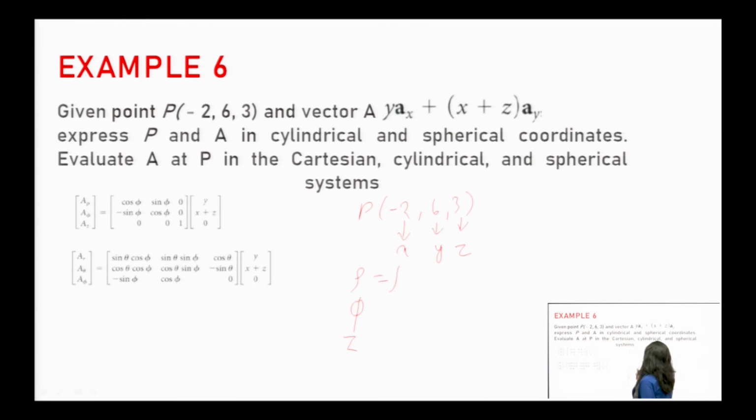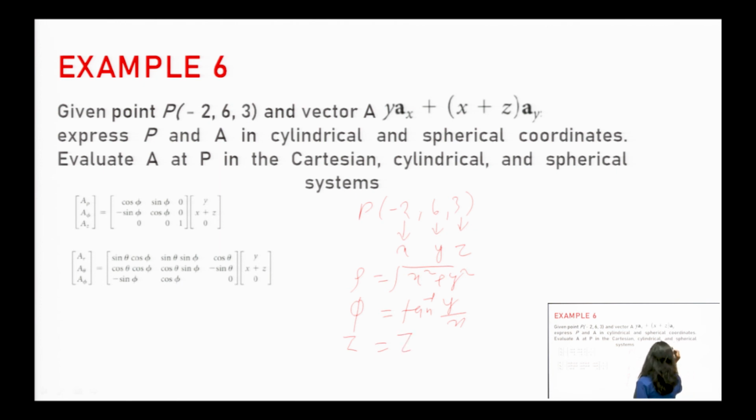Rho is nothing but the root of x square plus y square, phi is the tan inverse of y by x, and z is the same in cylindrical and rectangular or Cartesian coordinates, so we write z equal to z.